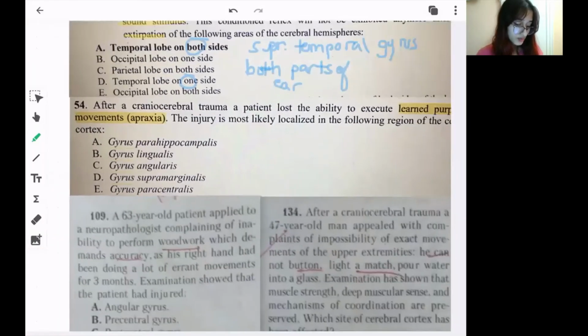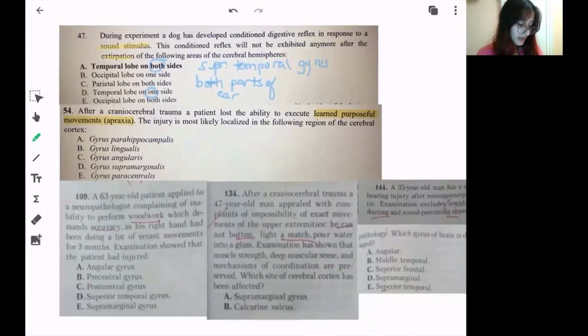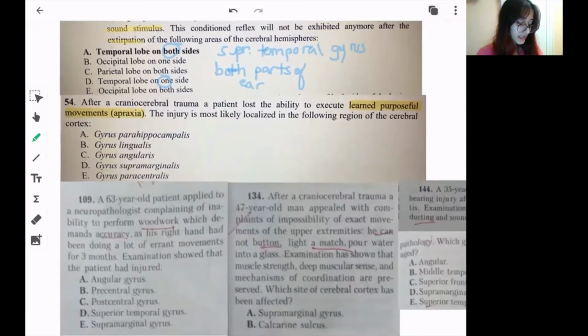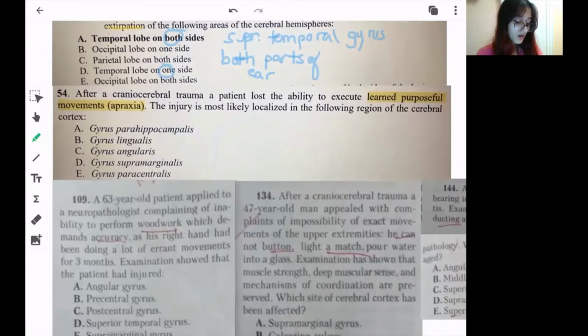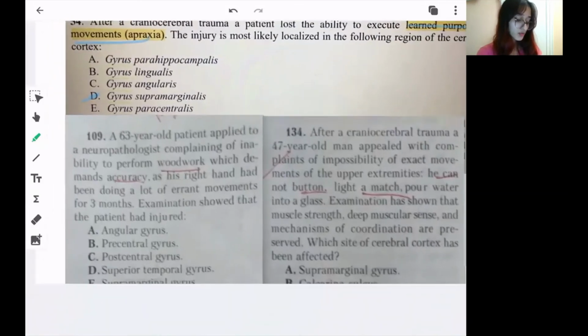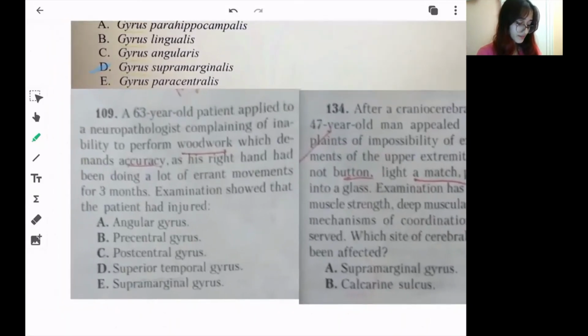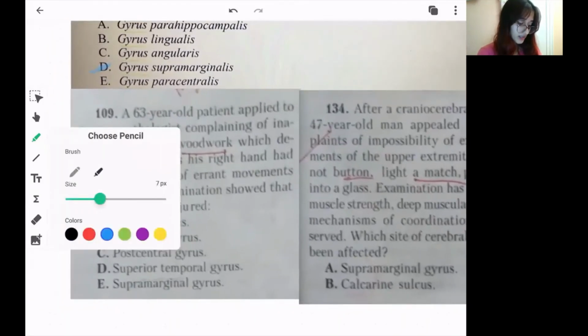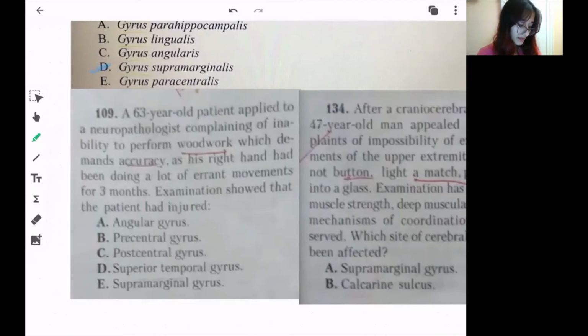Okay, so next question. After craniocerebral trauma, a patient has lost the ability to execute learned purposeful movements. I told you previously, this will be the supramarginal gyrus, and it is present in the parietal lobe. Another similar question, question number 109.